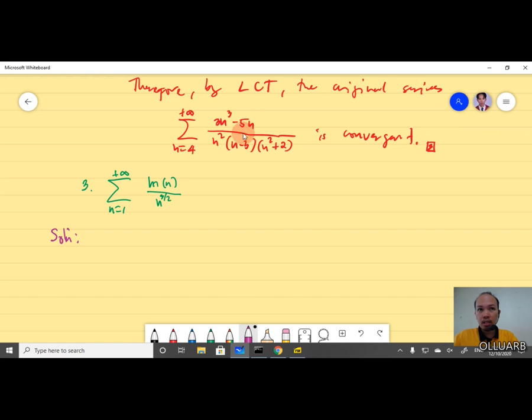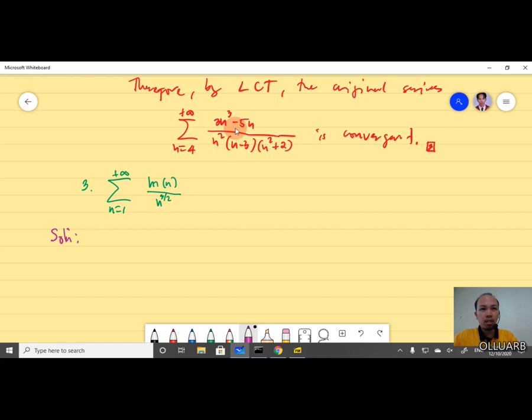I've said that the only things that matter are the details of the sequence for sufficiently large numbers, like when n is 1 billion or 1 trillion.